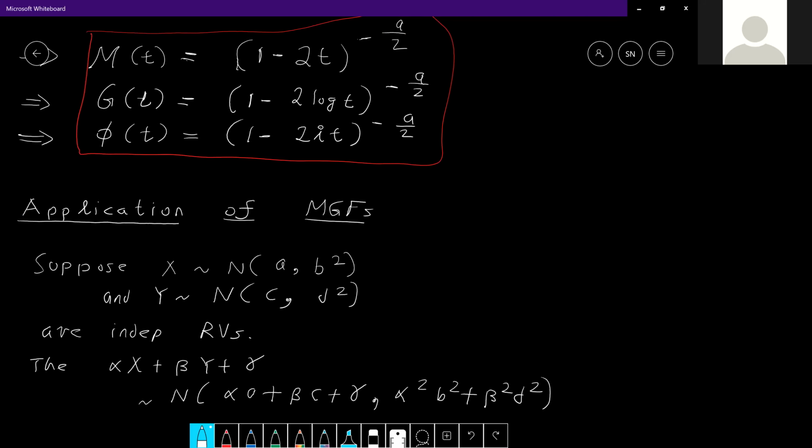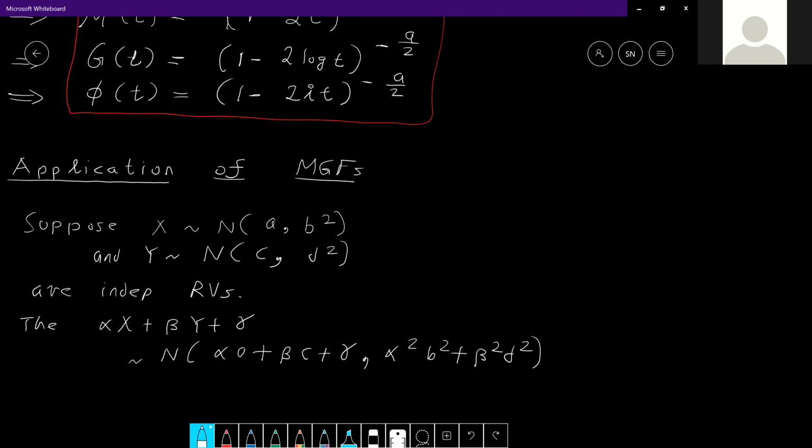I did mention this result, some of you may recall. What this result says is that if you have two independent normal random variables, then their linear combination, where alpha, beta, gamma are constants, also has a normal distribution.